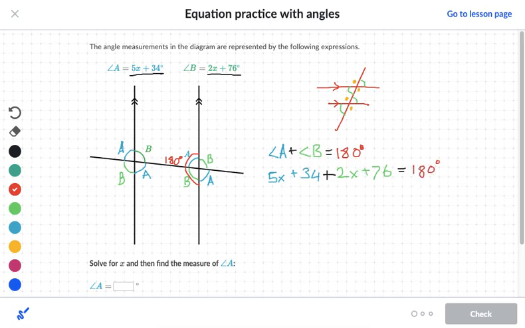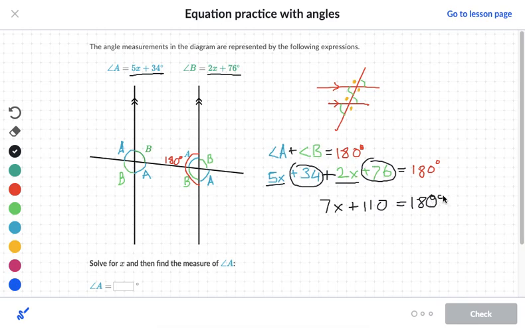From here, all we have to do is apply the algebraic method. First, let's combine like terms. This 34 plus 76 gives us 110, and 5x plus 2x gives us 7x. So that together is 180 degrees.